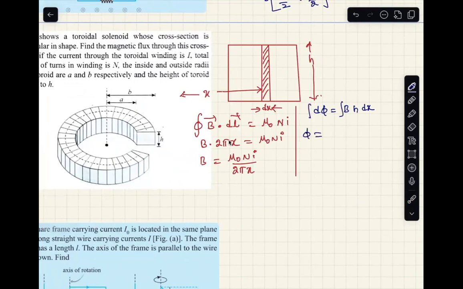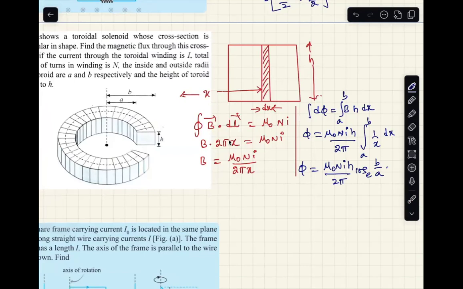Total flux, x is equal to A to B. So mu naught N I h by 2 pi, you will have integral from A to B of 1 by x dx. So phi becomes mu naught N I h by 2 pi log e of B by A. Any doubts? Very simple question.